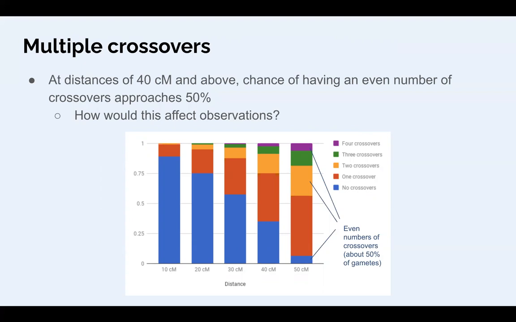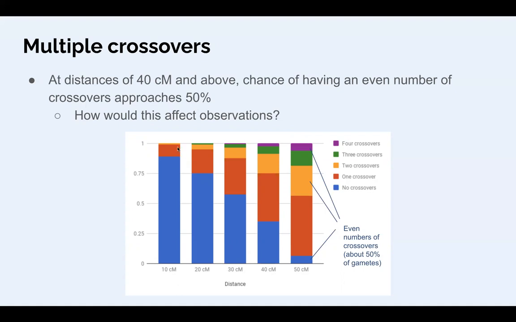So I came up with this illustration here. This is for relative distances between two genes, the chance of one crossover event versus no crossovers versus 2, 3, and 4 crossovers. So at a distance of 10% crossover, 10 centimorgans, there's a 10% chance of one crossing over, and there's like a 1% chance of two crossing overs, and a pretty big chance of no crossovers.